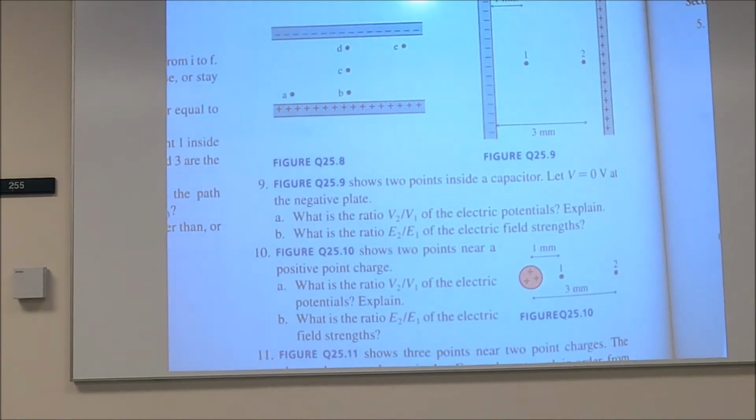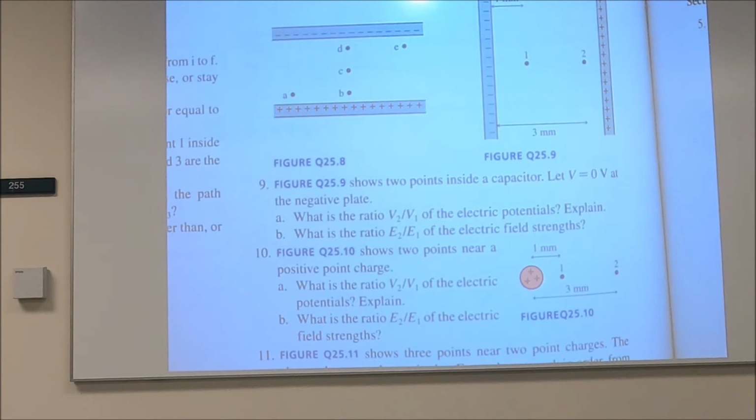Conceptual problem 9 here. It shows 2 points inside a capacitor. Let V equal 0 be at the negative plate. What is the ratio of V2 to V1 of the electrical potential?